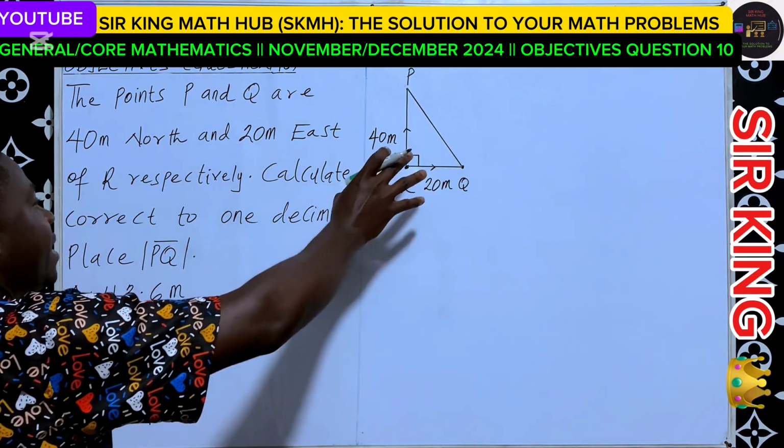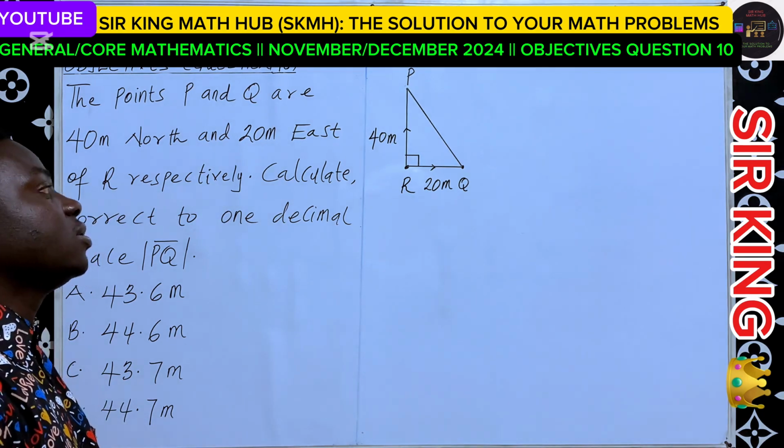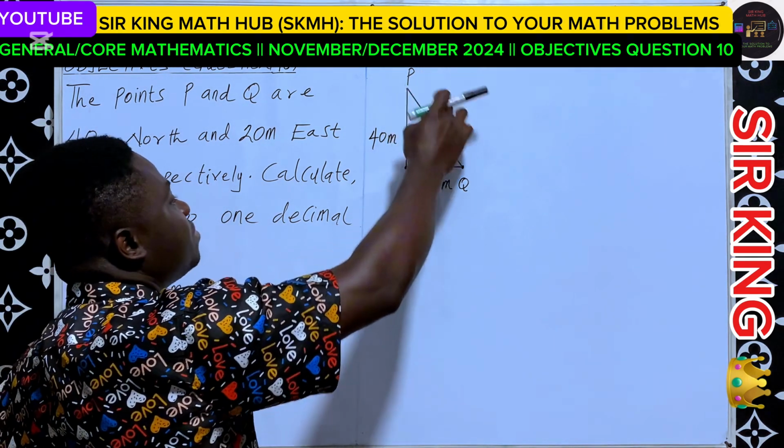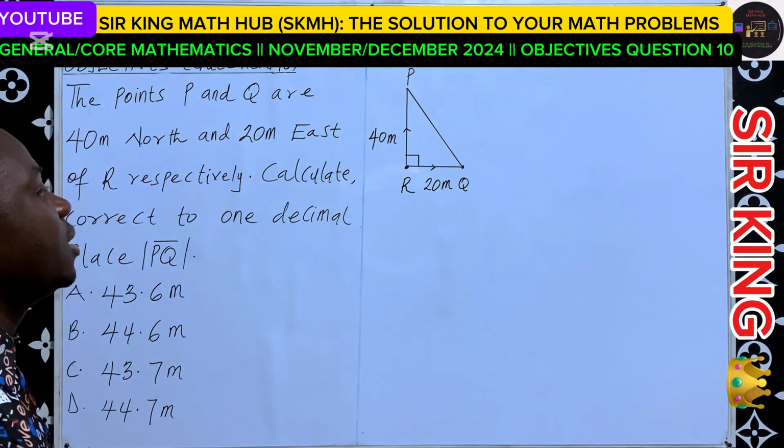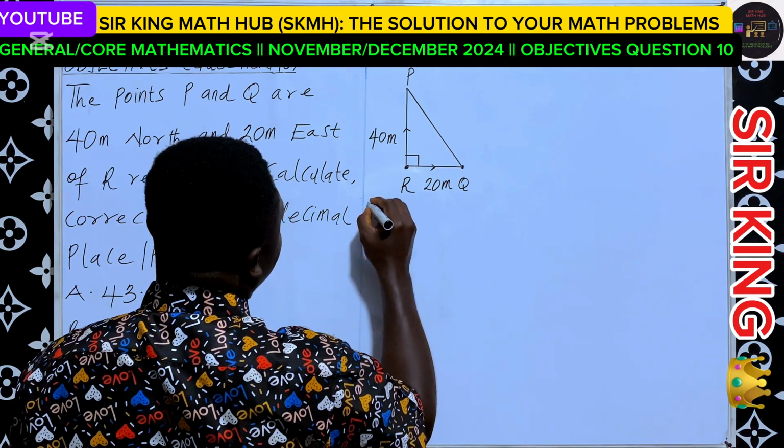So we have our right angle triangle here. And because there is a right angle triangle, to calculate the length of line PQ, we can refer to Pythagoras theorem.